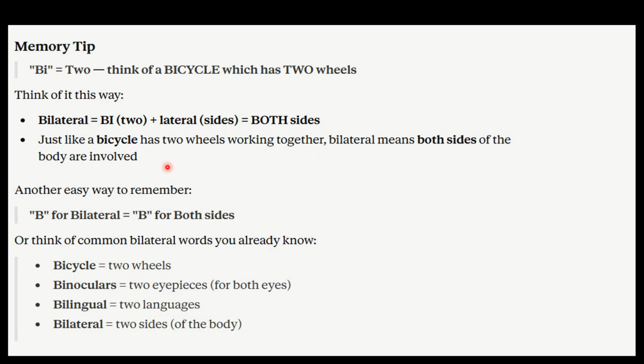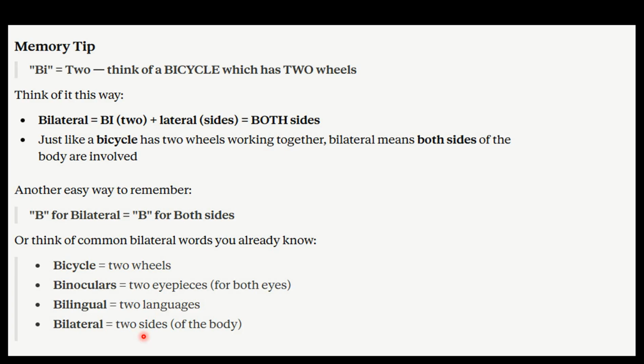Similarly, if you look at the word bilateral, it starts with B, right? B for both sides. So just associate the B in bilateral with both sides. Now you know there are so many common examples where this bilateral thing can be relatable. How? Bicycle because it has two wheels, binoculars because it has two eyepieces, bilingual because it has two languages, and bilateral because it has two sides.